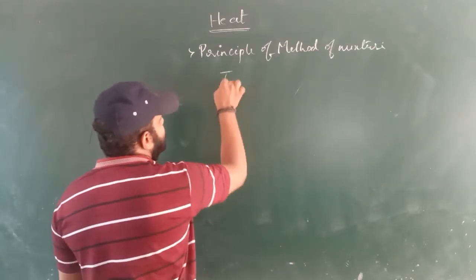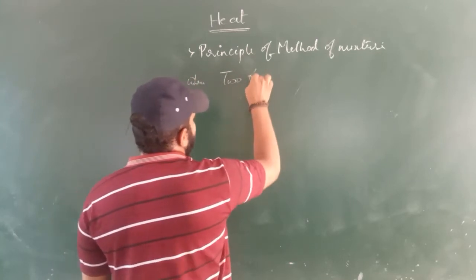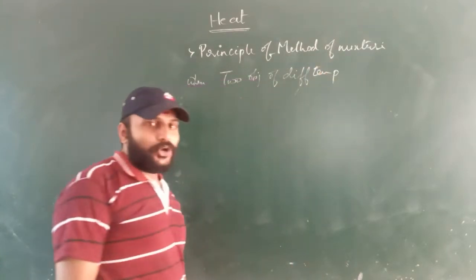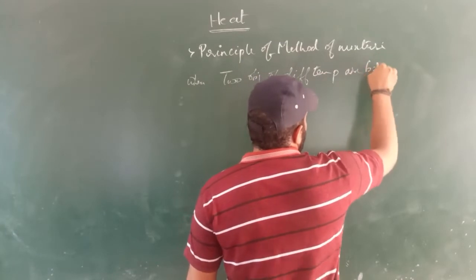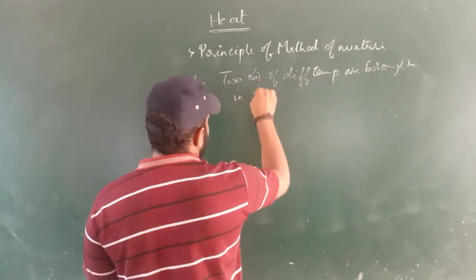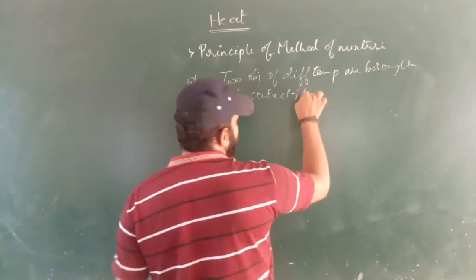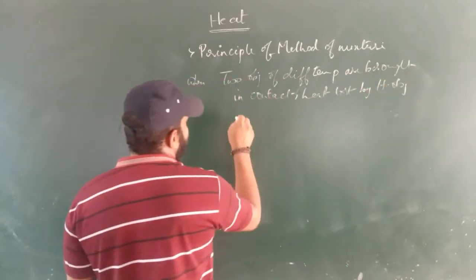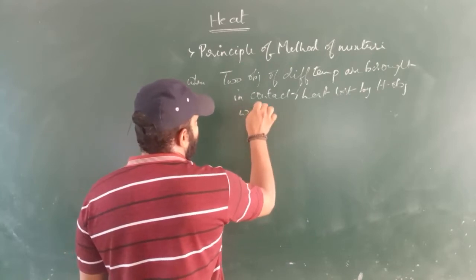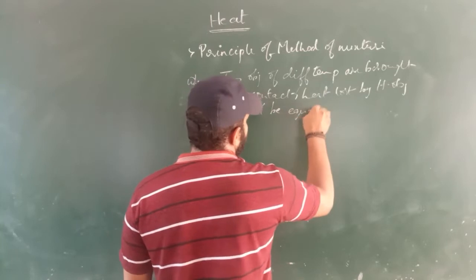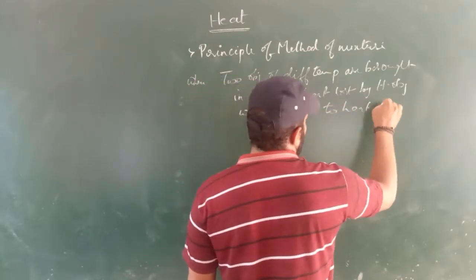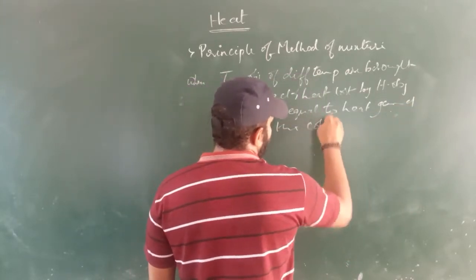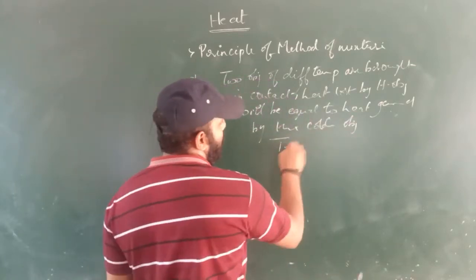Understood? When two objects of different temperature are brought in thermal contact, then heat lost by the hotter object will be equal to heat gained by the colder object until it attains the thermal equilibrium condition.